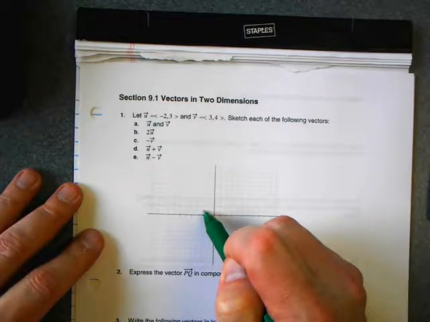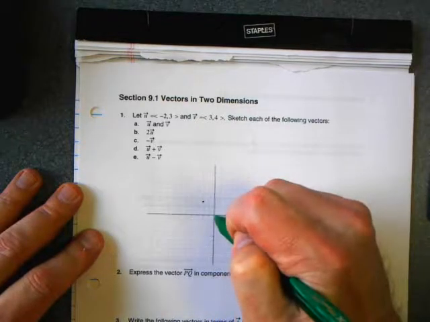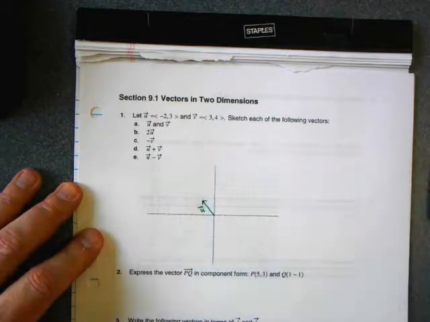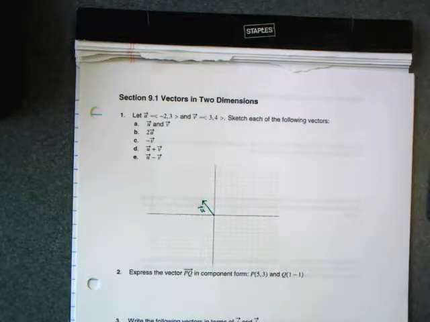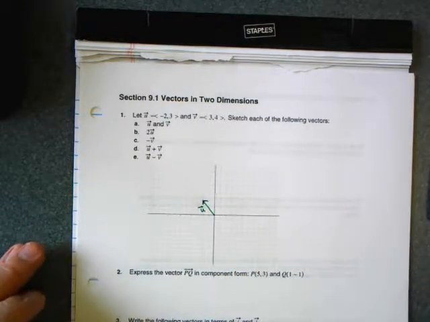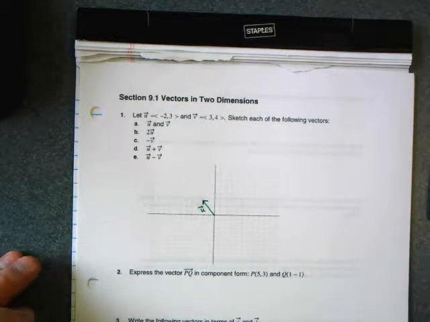Left 2, up 3. And then you draw it as a vector. So there's u. Yes, the tip of the arrow goes at the terminal point. That point's called the terminal point, correct.